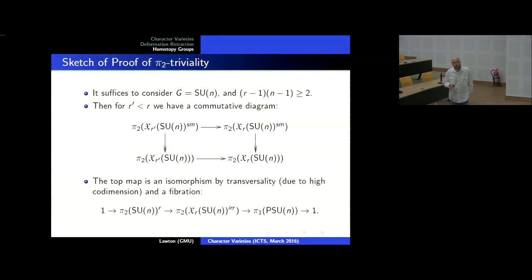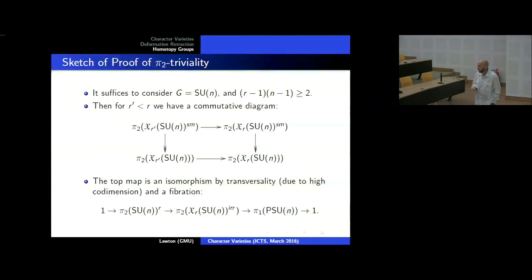But the first thing to do is to show that this top map is an isomorphism. And how do you do that? Well, you compute the codimension of the irreducible locus. And you can do that because the reducible locus is given in terms of parabolic subgroups.